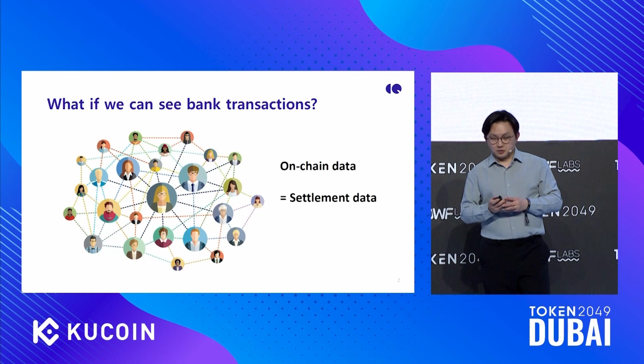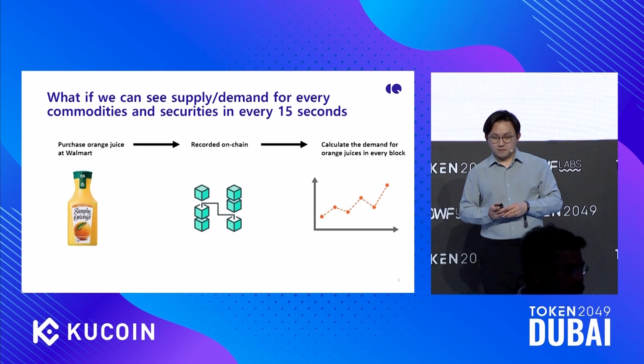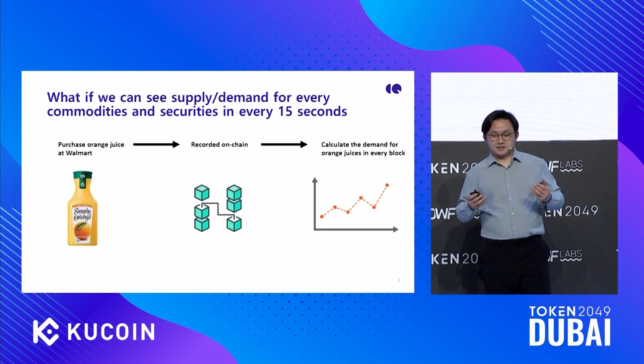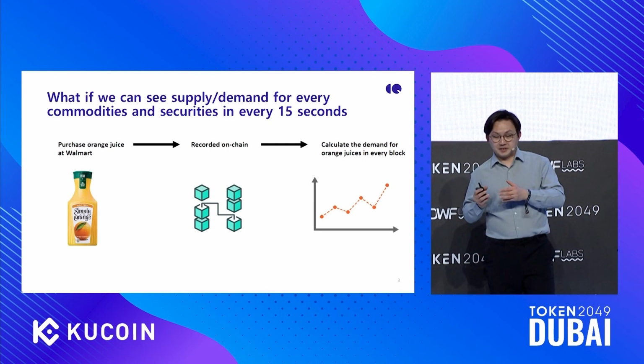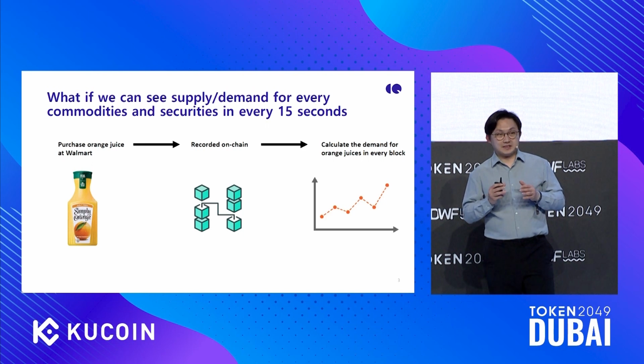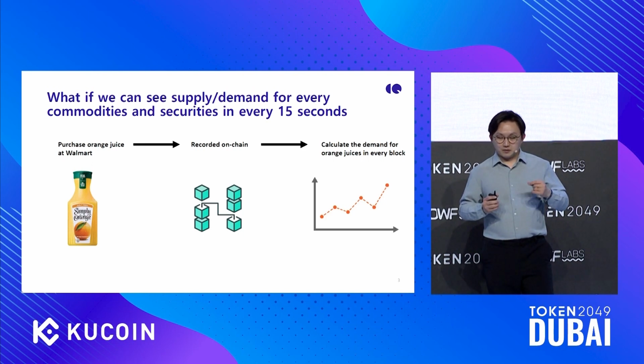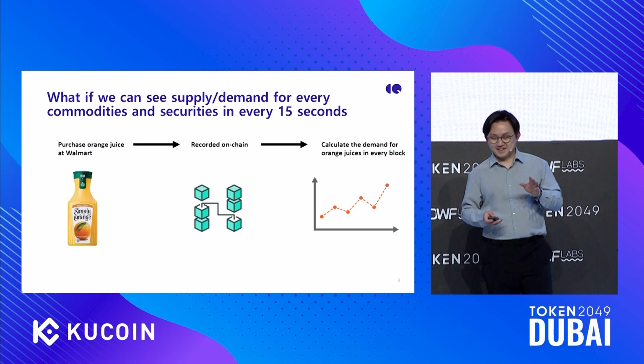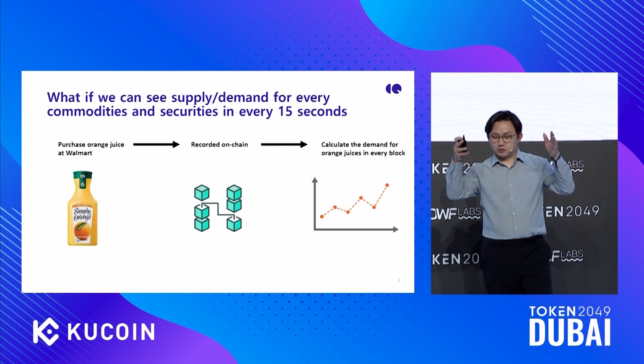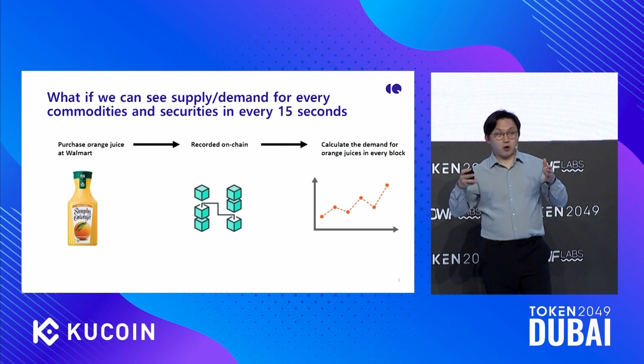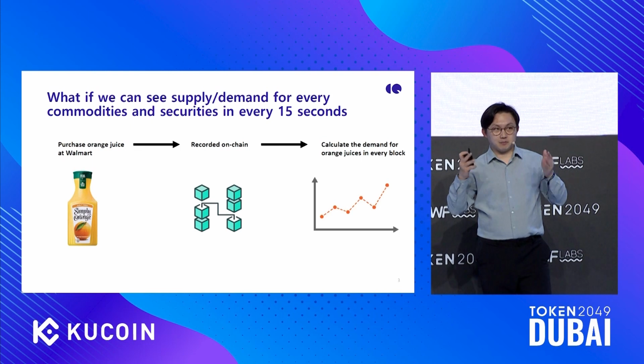Using on-chain data, you can do a lot of things. For example, what if we could see supply and demand for commodities and securities every 15 seconds? If I purchase orange juice in the market and it is recorded on-chain, you can calculate the demand for orange juice every block.